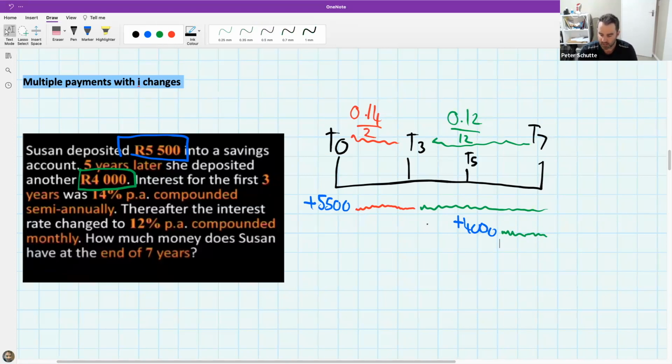So give me a thumbs up if you follow the logic that I'm using here. I'm keeping the 5,500 and the 4,000 separate because the 5,500 has a much longer time to grow than the 4,000. And so it's very clear what has to grow for how long.